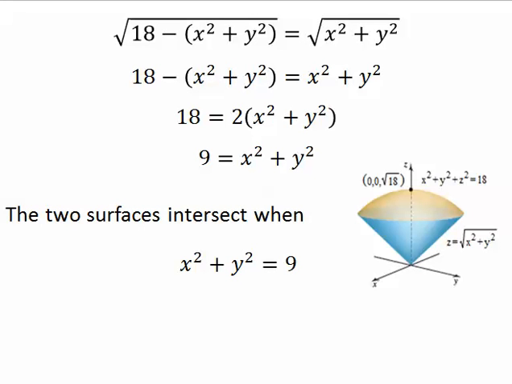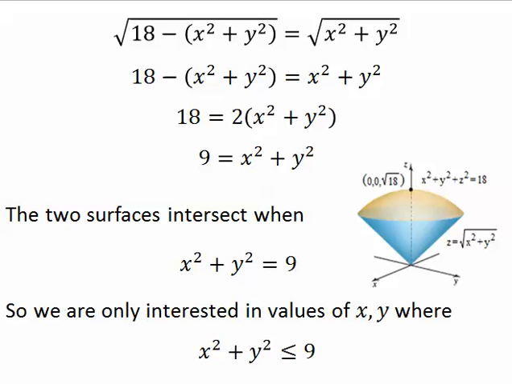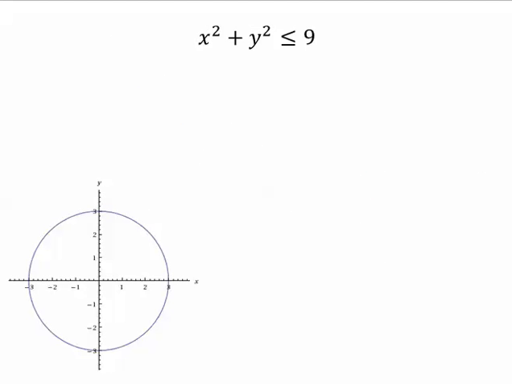And so the two surfaces are going to intersect when x squared plus y squared is equal to 9. And we are interested in all values of x, y, where x squared plus y squared is less than or equal to 9. So we're interested in the region enclosed by a circle of radius 3 centered at the origin.